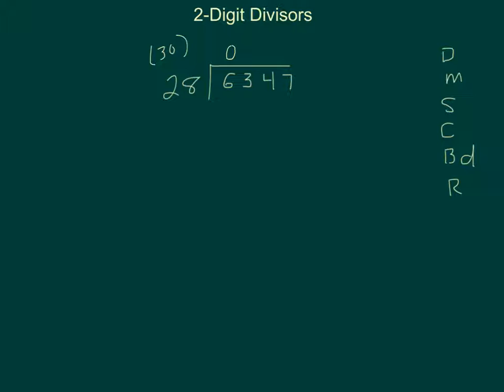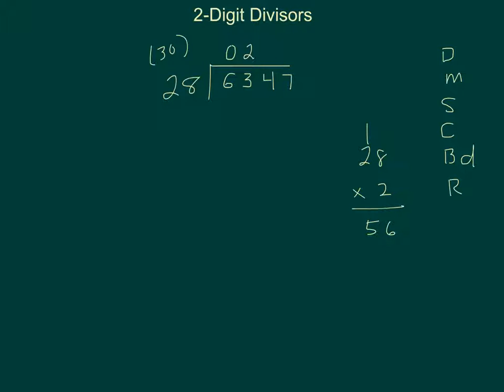Off to the side, we're going to try 28 times 2, and we're going to get 56. 56 is close to 63, and it doesn't go over. So we're going to say that there are 2 groups of 28 in 63. When we put a number up at the top, that's when we finish our division problem.